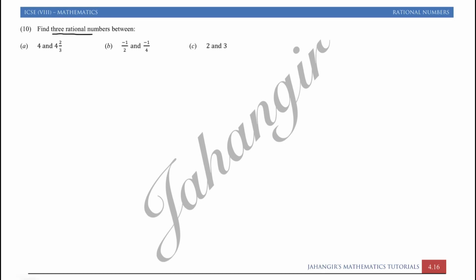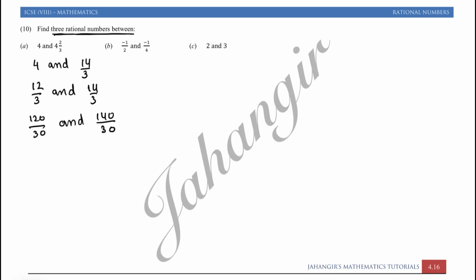Now we have to put 3 rational numbers between 4 and 4 2/3. So first let us make the denominator equal. 4 3s are 12, 13, 14, 14 by 3. So if I am making the denominator equal, 12 by 3 and 14 by 3, not much gap. So what I will do, I will just multiply by 10. So 120 by 30 and 140 by 30.